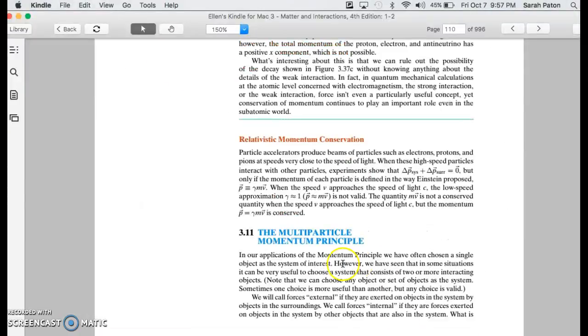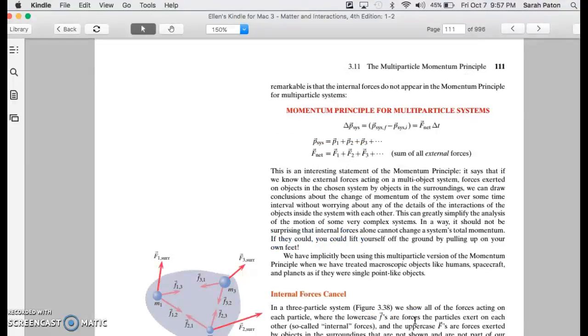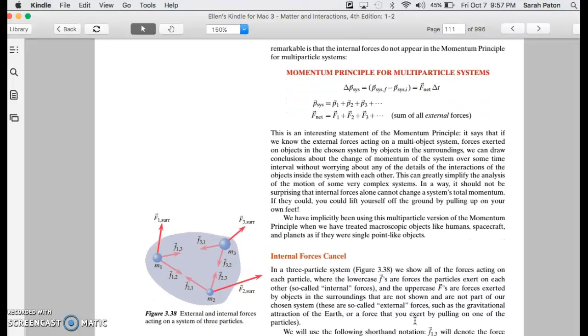So starting off, some simple definitions. External means exerted on an object by the surroundings. Internal means exerted on an object in the system by other objects also in the system. So we start off by using the momentum principle to define the momentum of a system.